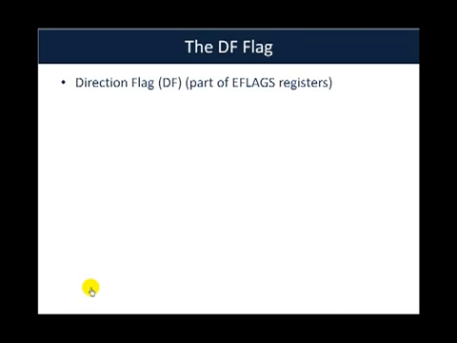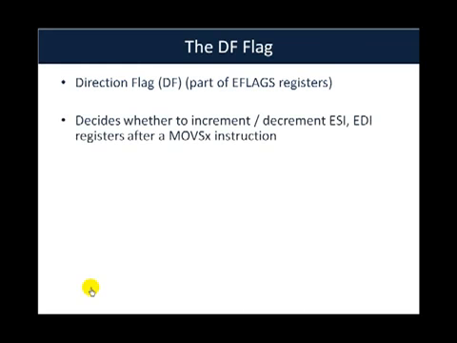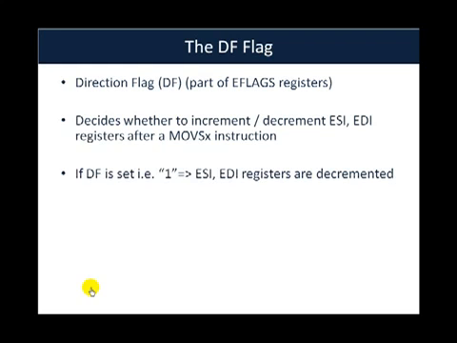So the direction flag, as we had discussed in part 1, is part of the EFLAGS register, and the direction flag decides whether to increment or decrement the value of ESI and EDI after any MOVSX instruction. If DF is set, that is has the value 1, then ESI and EDI are decremented.